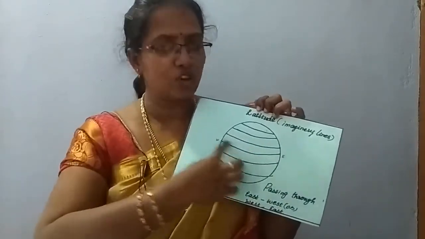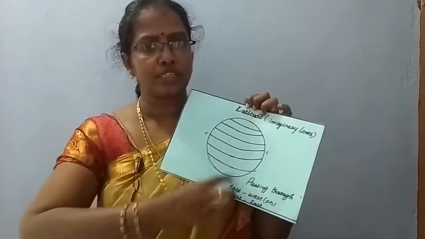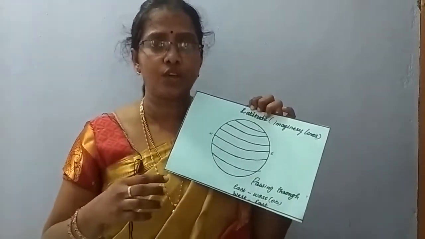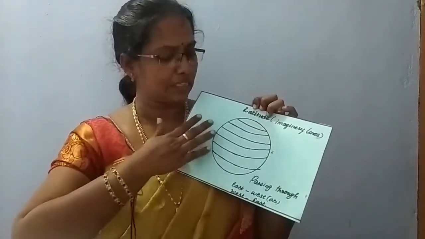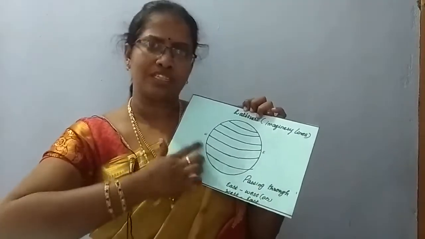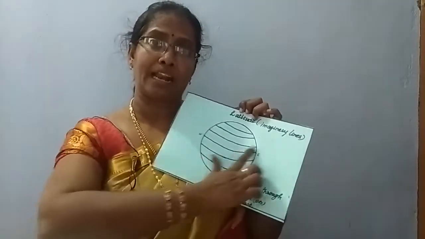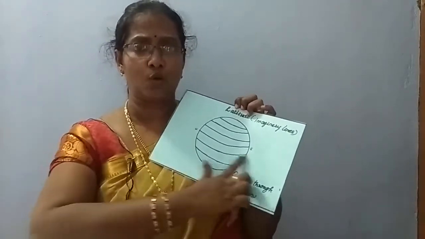Horizontal lines are called latitude lines. Vertical lines are called longitude lines. Latitude lines are imaginary lines passing from west to east and east to west. These are parallel lines, meaning equal lines.